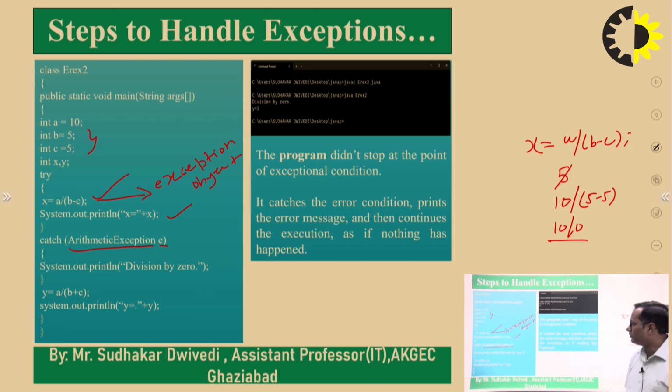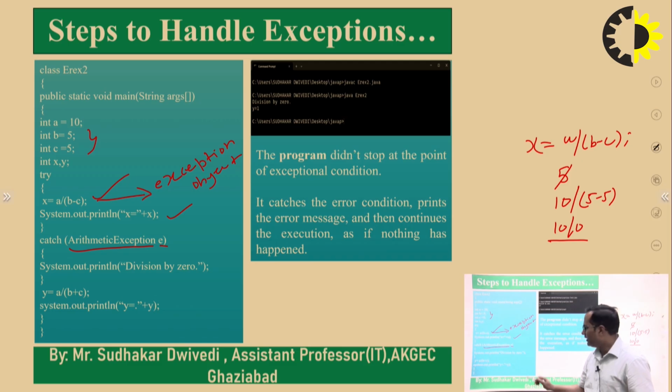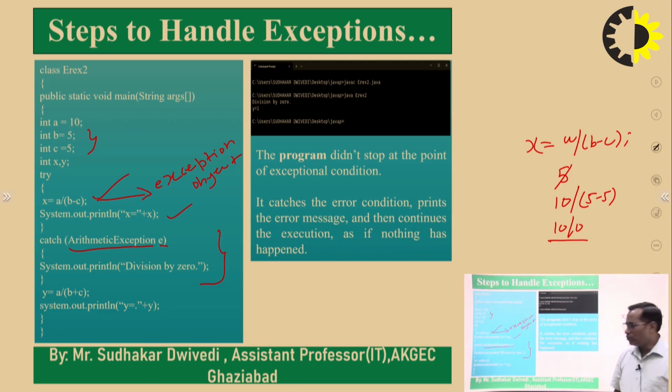So whenever this line is executed, it will create an exception object and throw it, and that is caught by this catch block.